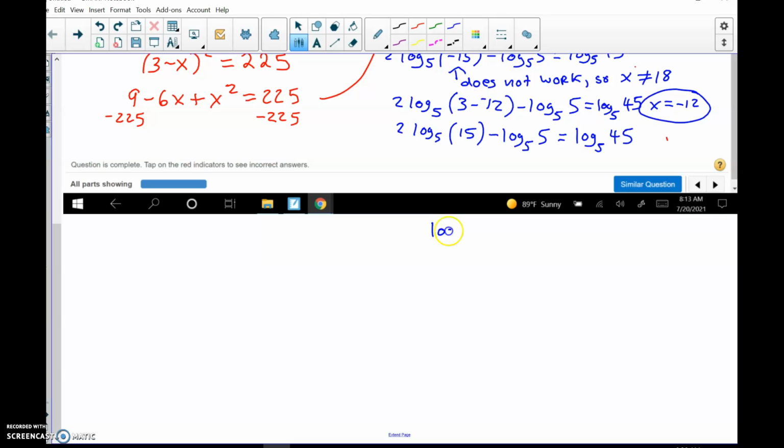I could do log base 5 of 15 squared minus log base 5 of 5 equals log base 5 of 45. Remember, we're just trying to show that negative 12 is the correct answer. So I plugged it in, and now I'm working it out. Okay? So now we can put these together into a division.